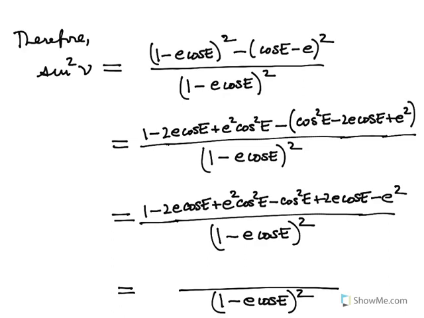And now you'll notice that the 2e cosine E and the minus 2e cosine E cancel out. So we wind up with 1 minus cosine squared E, and we've got plus e squared cosine squared E minus e squared. So let's manipulate that a little bit more.